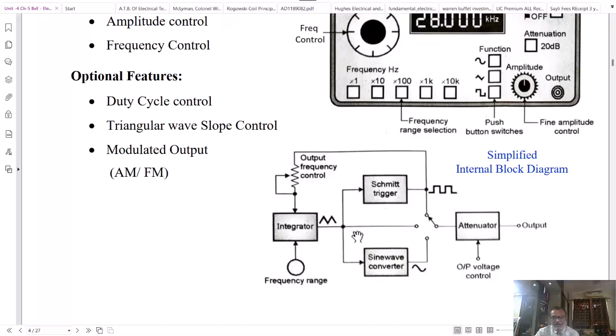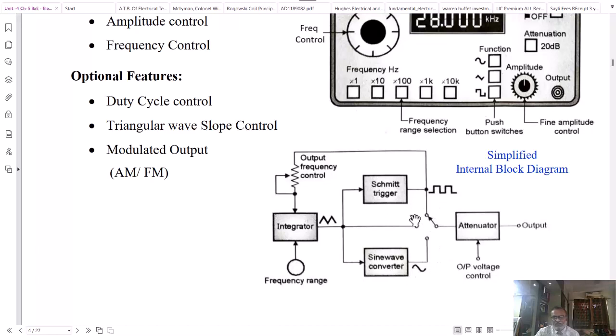Similarly, the same triangular wave is available as an output, and the same triangular wave is also given to a sine wave converter, which is basically clipping the peaks of the triangular wave via wave shaping circuitry. After wave shaping by the sine wave converter, the output is a sinusoidal waveform.